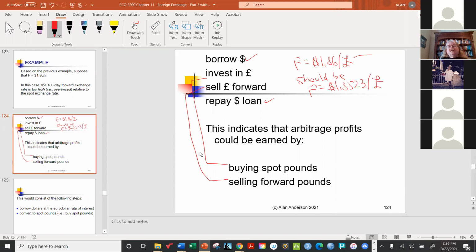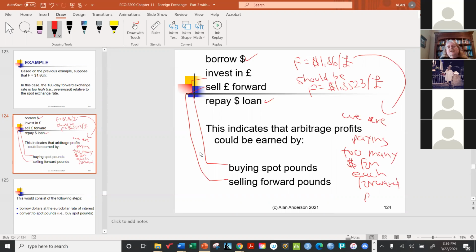So what that means is that here we are paying too many dollars for each forward pound, which is the equivalent way of saying forward pounds are overpriced.